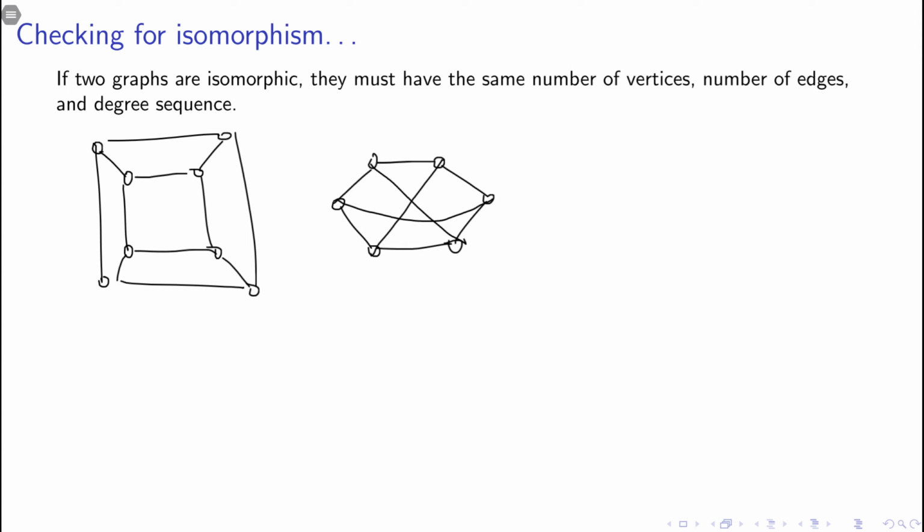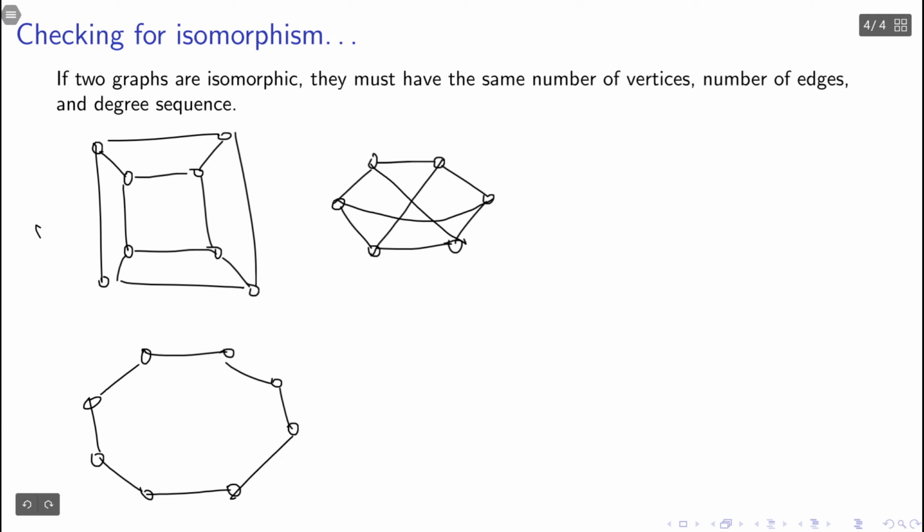Now, even if I match the number of vertices, right? So now I have 8 vertices here and 8 here. Well, you can still tell me that they're not going to be isomorphic to one another. Just count the number of edges. Right?